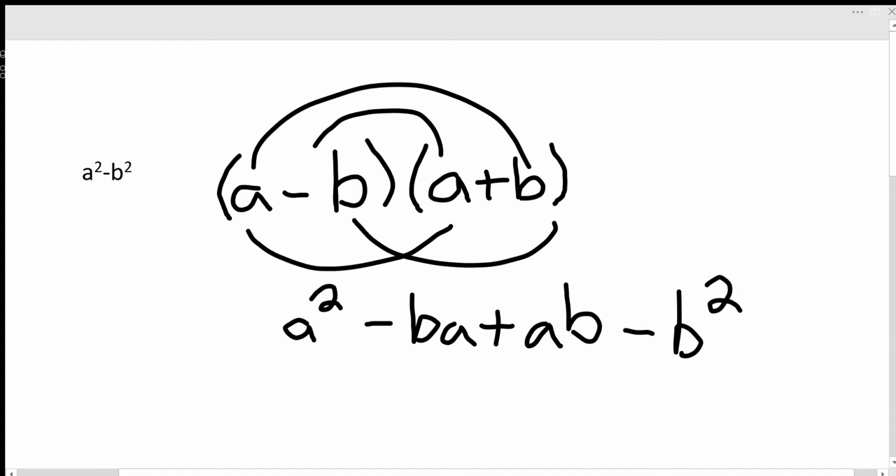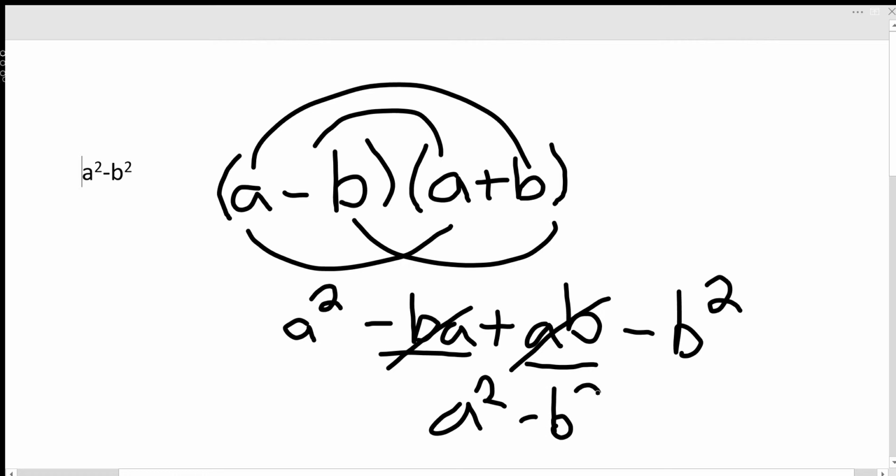And we can see when we simplify this, negative ba and positive ab will cancel out. And we'll just be left with a squared minus b squared, which is exactly what we started with.